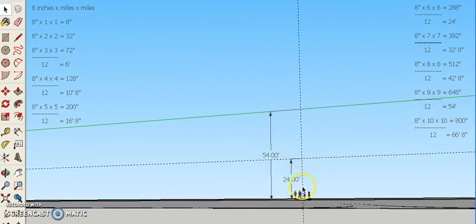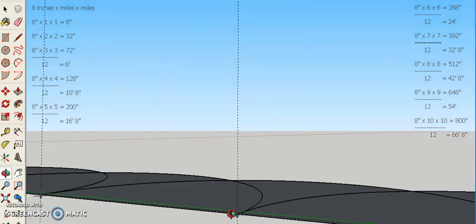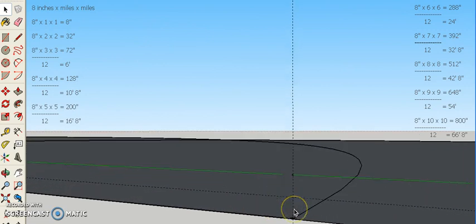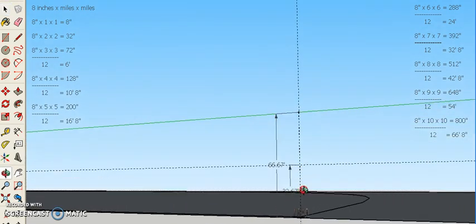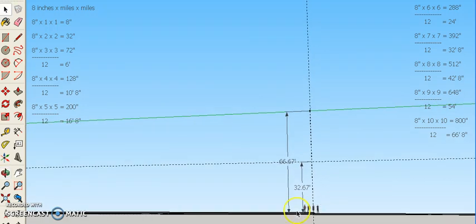We cannot see 24 feet of that. This is extremely important. And at 10 miles, with a drop of 66 feet, 8 inches, 800 inches, 32 feet, 8 inches worth should not be seen. Not the entire 66 feet, but the bottom 32 feet. It is as if we were looking over a fence, and the fence is blocking this much view.